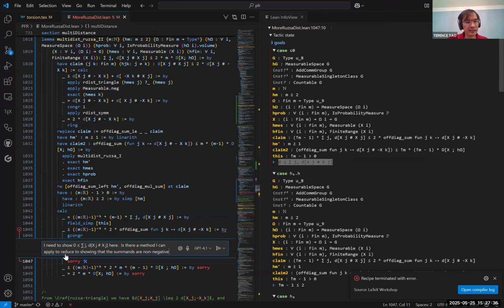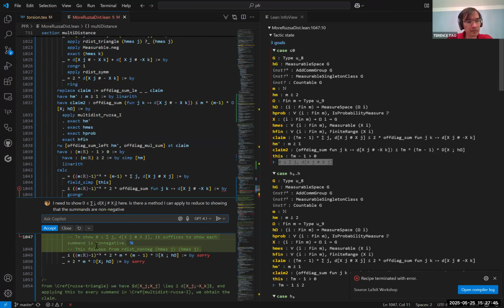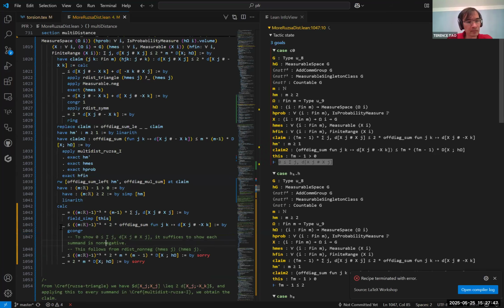Of course, if you want to show that the sum is non-negative, then it suffices to show that the individual terms are non-negative. No, it gave me one of the things I needed, but all right, let's go.